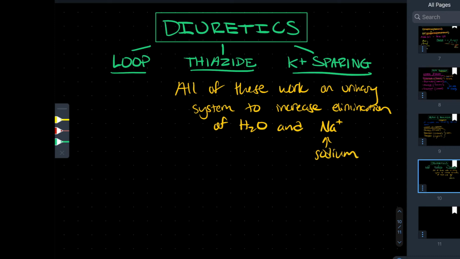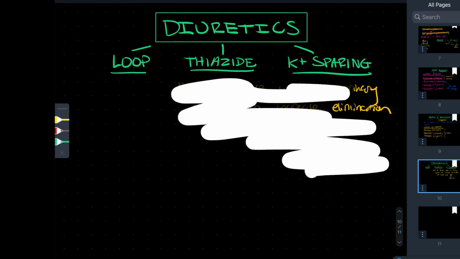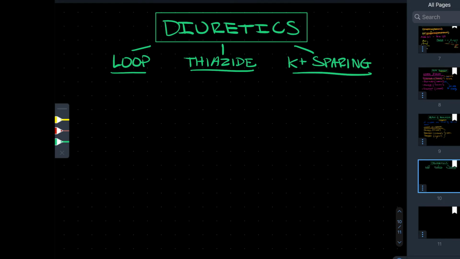They just do them in slightly different ways. And I don't think I'll go into the in-depths of how they work, just because diuretics can be pretty complicated, because the kidneys are really complicated. But I highly recommend, if you ever want to, definitely watch videos on how the kidneys work. It's an absolutely amazing process. It's almost awe-inspiring. So they just work in slightly different ways.